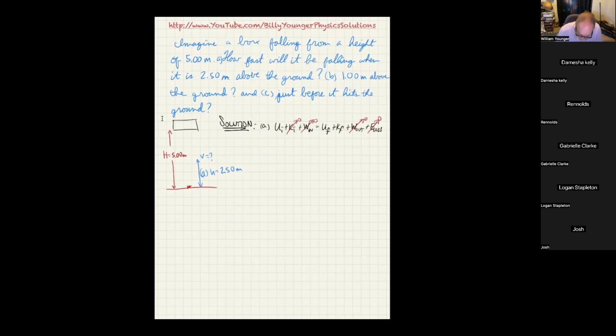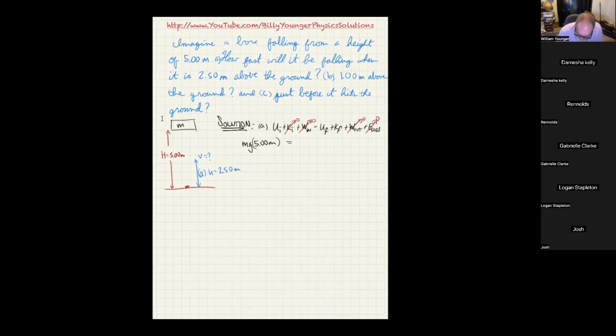So from this, we get basically, if I call the mass of the block M, they didn't give it to us, so there's no reason to necessarily assume it. I'm going to put it in there and hope that it disappears. But I'm going to say M times g times 5.00 meters is equal to M times g for the potential energy times 2.50 meters plus 1/2 M v 2.5 squared.